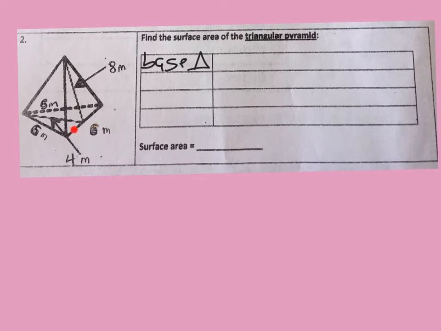So this one's going to be fairly easy, although the base triangle does have a different height. So let's figure out the base first. So what's the area of the base? Well, we know the area of a triangle is 1/2 base times height. So the area of the base is going to be 1/2 or 0.5 times the base, which is 6, and the height right here is going to be 4.